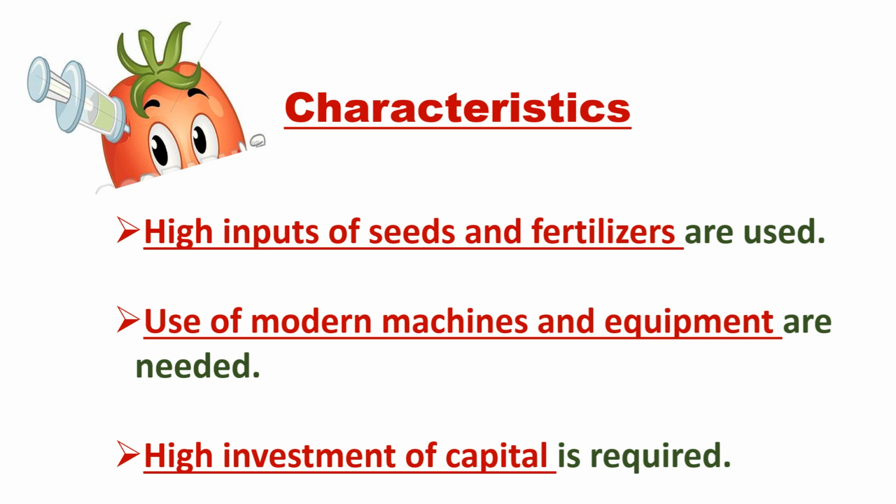Then high investment of capital is also required because you have a small patch of land, and that is why capital is required. Capital means you need more and more money, and obviously you need money in order to buy seeds, fertilizers, pesticides, and modern machines and equipment. That money is referred to here as capital.